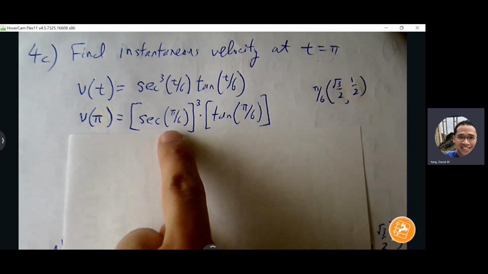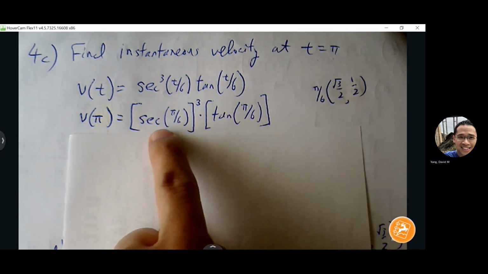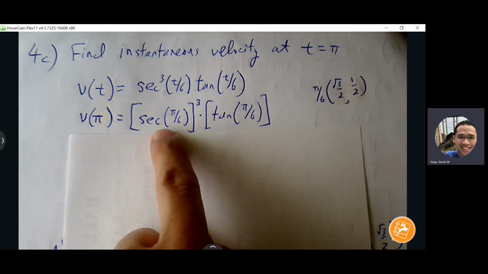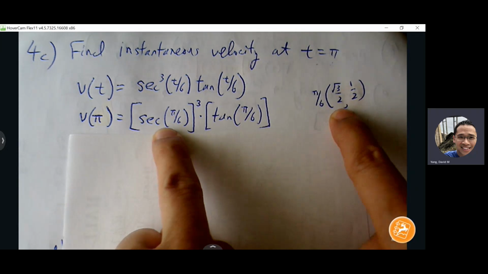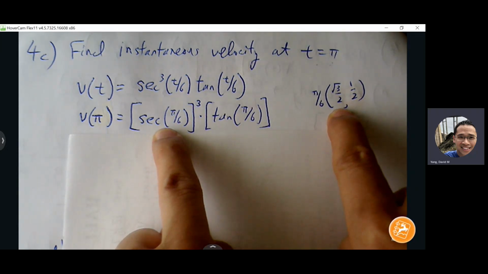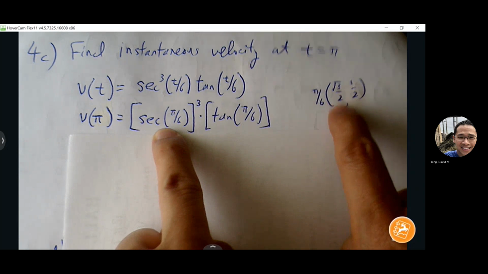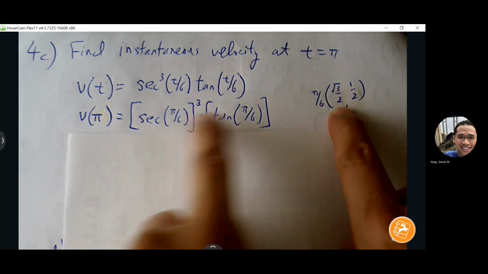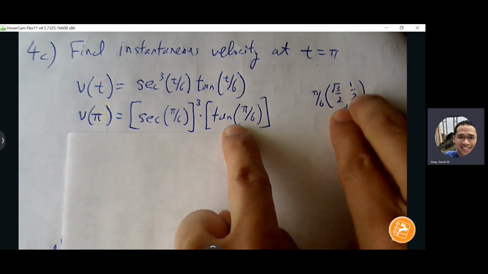So secant of pi over 6 feels less familiar. So what's related is cosine of pi over 6, right? What's cosine of pi over 6? Root 3 over 2. So secant of pi over 6 will just be what? 2 over root 3, right? Okay. And then tangent of pi over 6, that's my ordered pair at pi over 6.